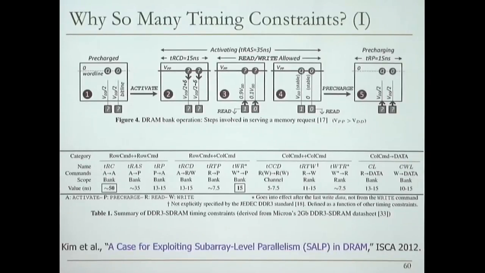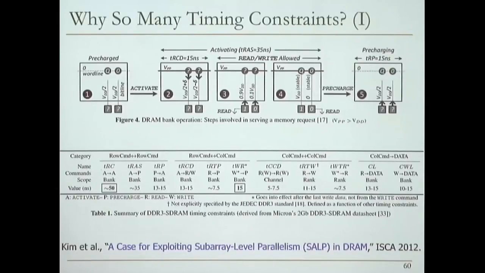Make sense? Now, you could ask the question, why do we have all these different latencies? They do complicate the memory controller quite a bit, because now it needs to keep track of all these things. There are alternatives. The alternative is to have the worst-case latency for all of these different things, and you don't need to worry about it. Whatever command you send, you wait for the worst case. And worst case in this case could be 35 nanoseconds, since this is a combination of multiple latencies. After every command, you wait 35 nanoseconds.